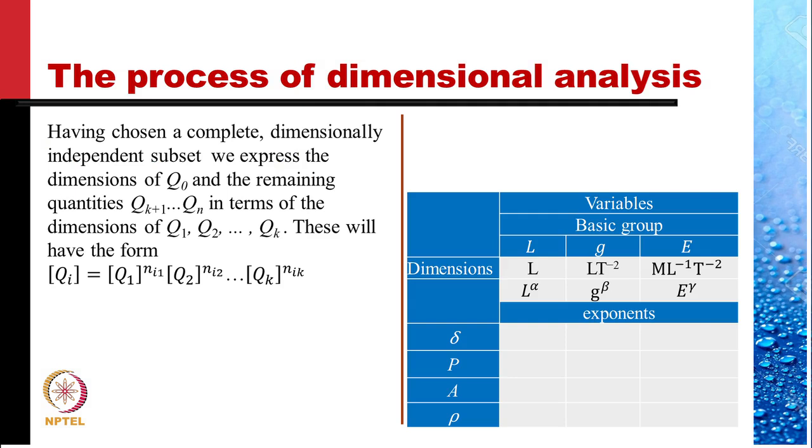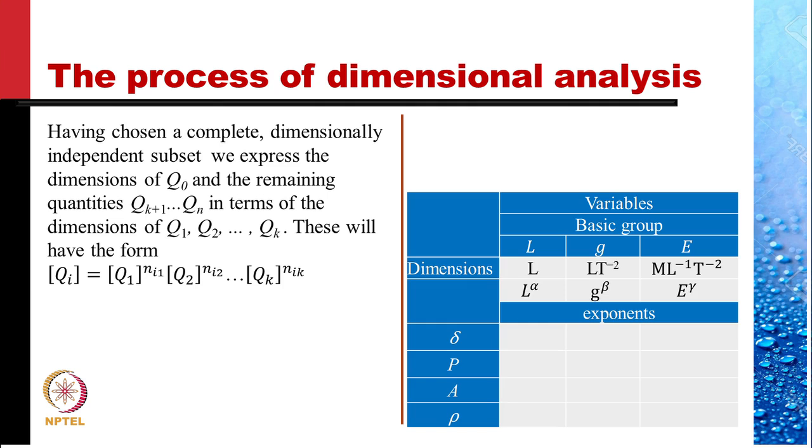So the 3 parameters that we have chosen in the basic group are L, G, and E. The dimension of L is simply L, of G is L t minus 2, the acceleration, and of E is like stress, M L minus 1 t minus 2.